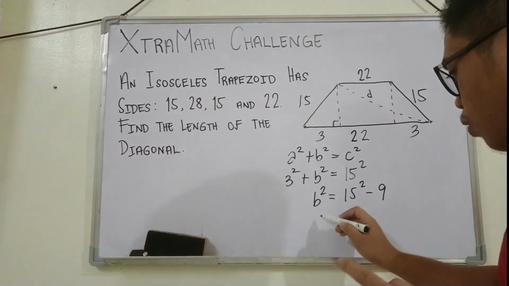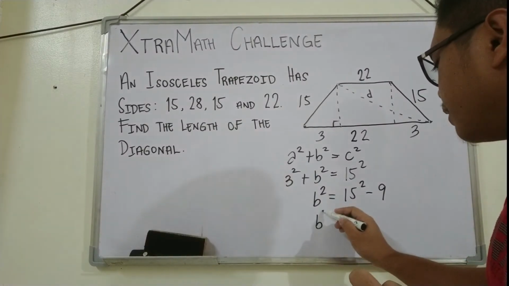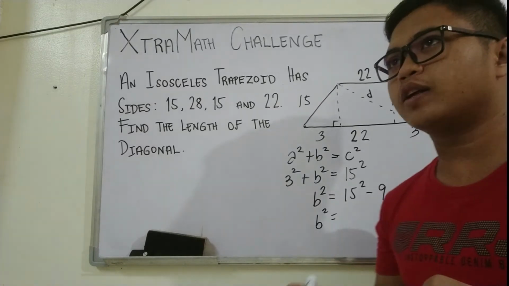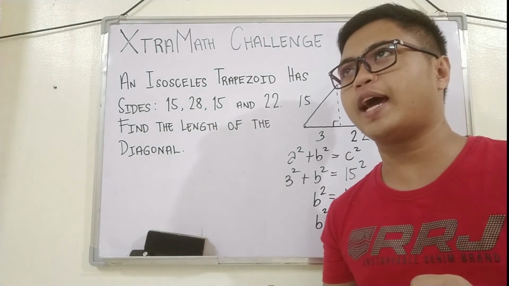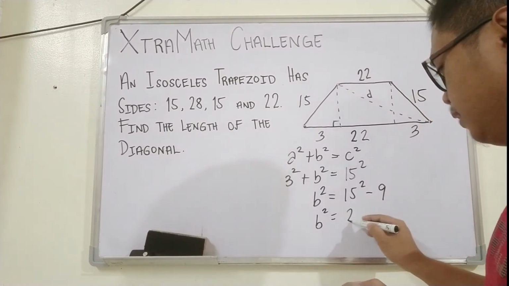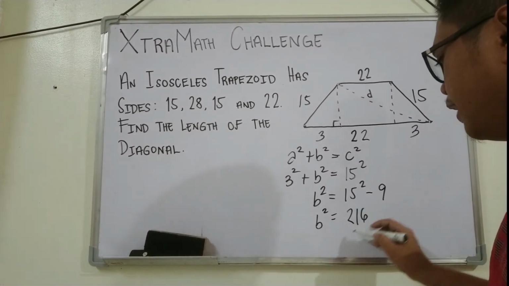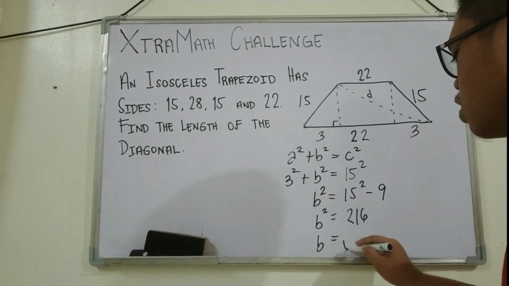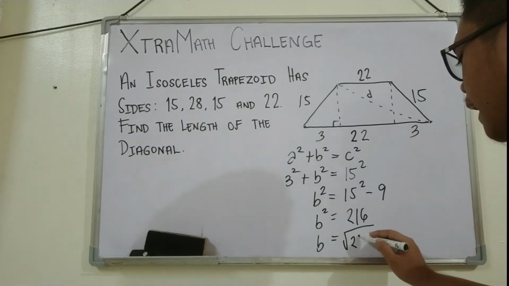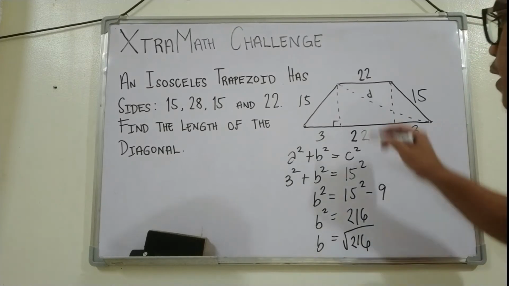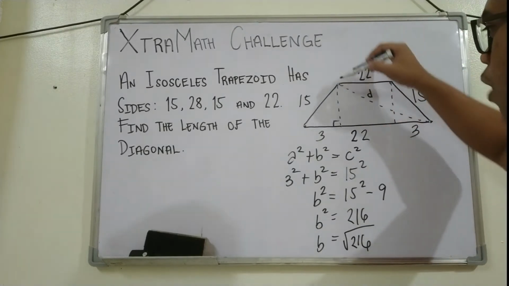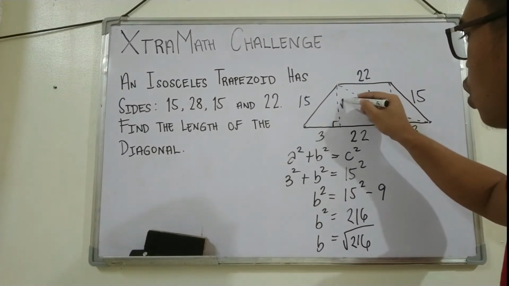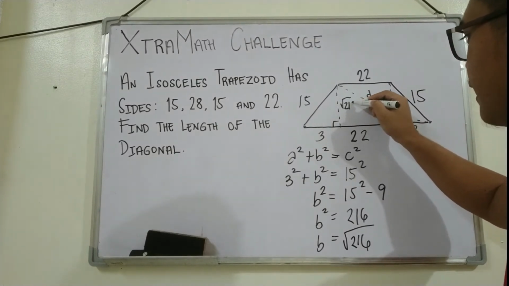Now, we have b squared is equal to 15 squared, that is 225, minus 9, that is equal to 216. Therefore, we have a value of b, or the height, as square root of 216. Our height now, as we have solved it, is square root of 216.